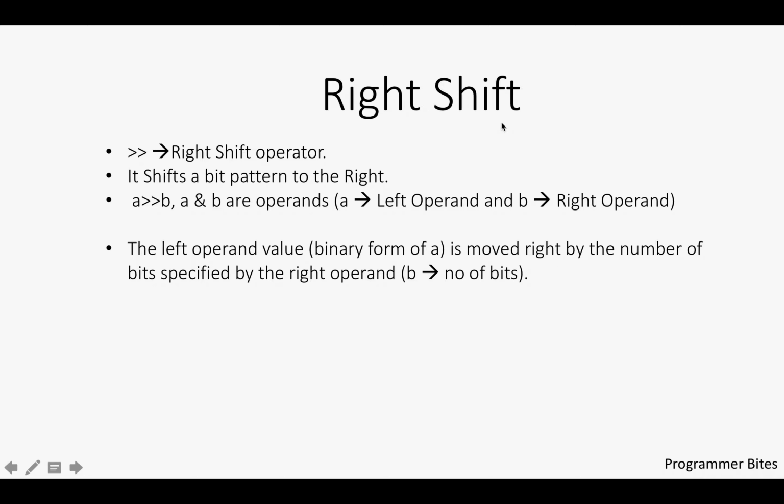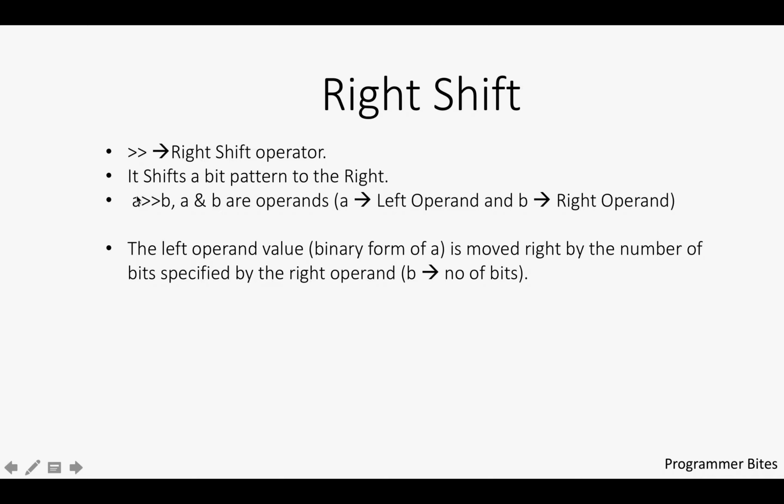Right shift operator. Two consecutive greater than symbols represent the right shift operator. It shifts a bit pattern to the right. Let's take this operation: A right shift B. Here A and B are operands. A is the left operand and B is the right operand.